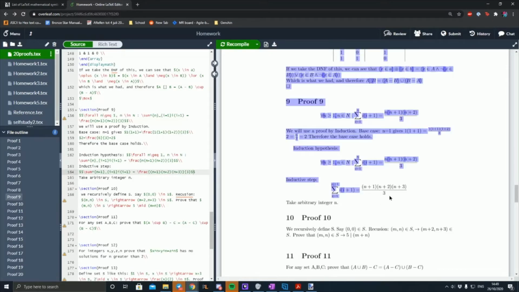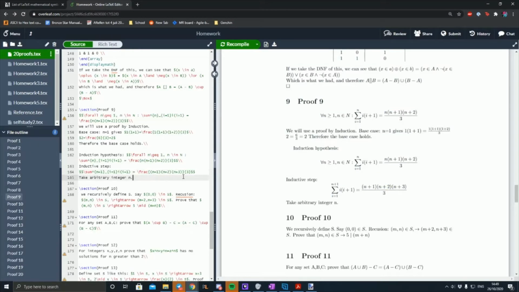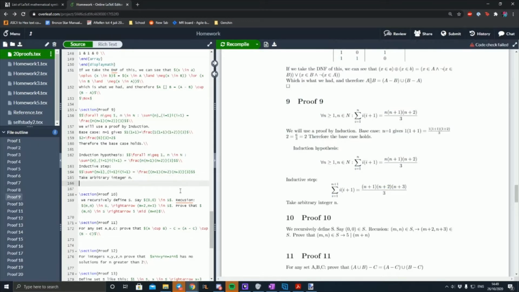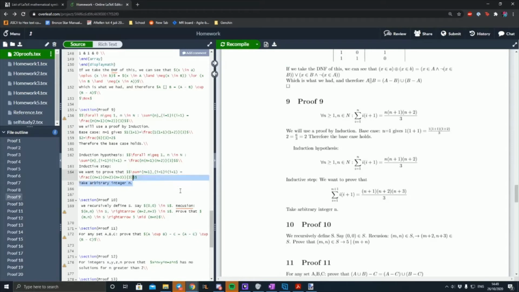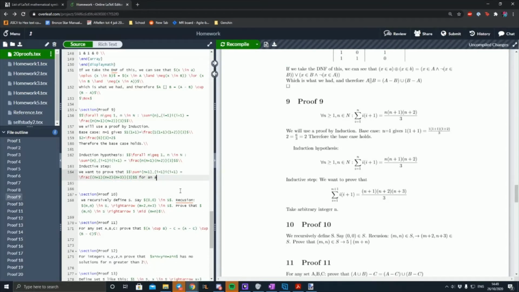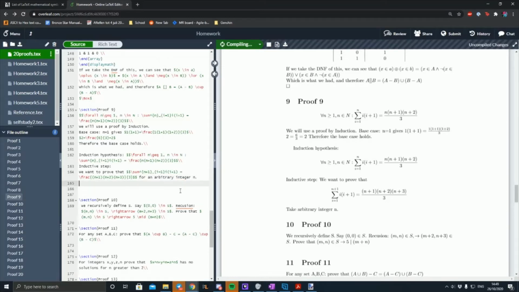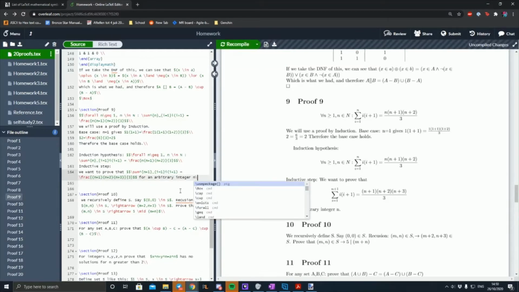Say we want to prove that this, for an arbitrary integer n, because I know people are gonna be bugged by that. Or n greater than or equal to 1.